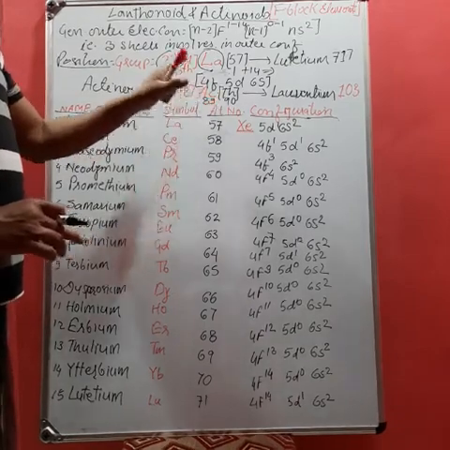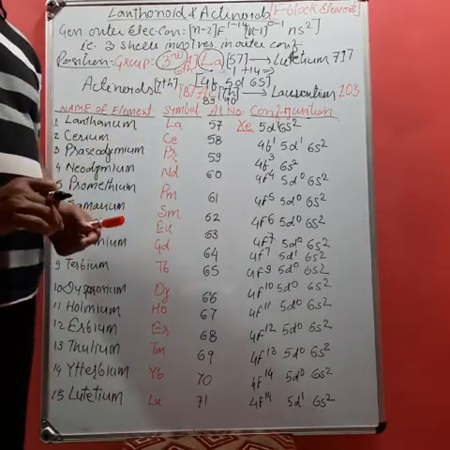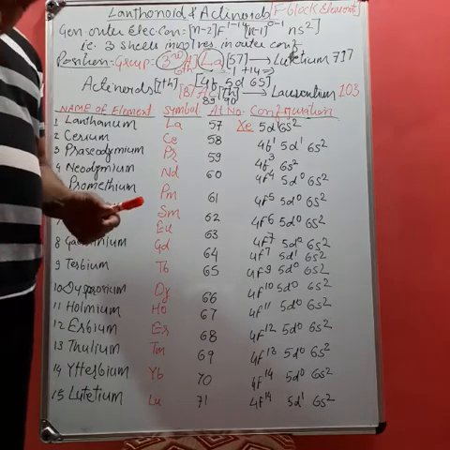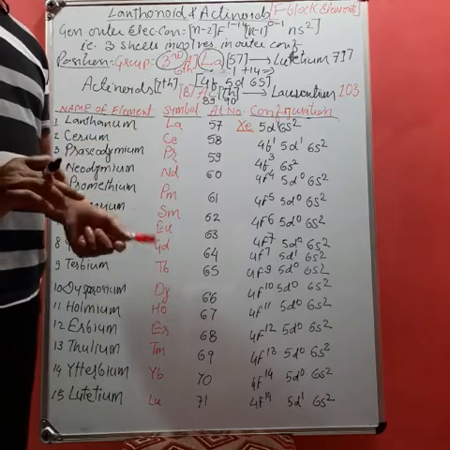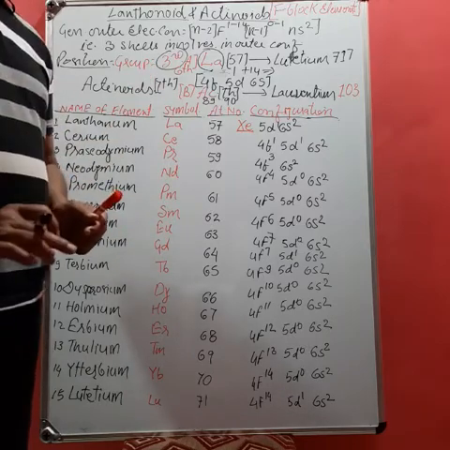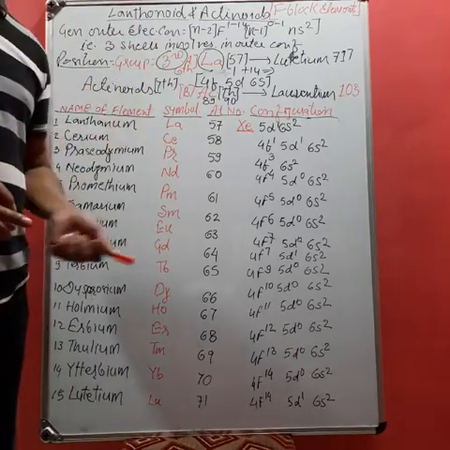Of the actinides, thorium and plutonium are the well-known elements, but the rest are known as man-made elements because they are highly radioactive.